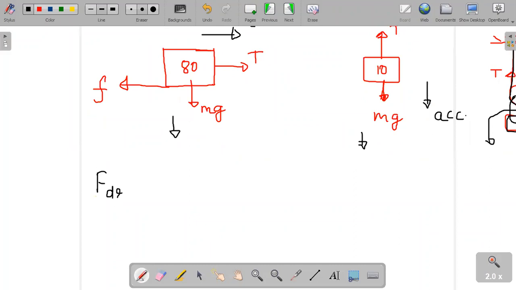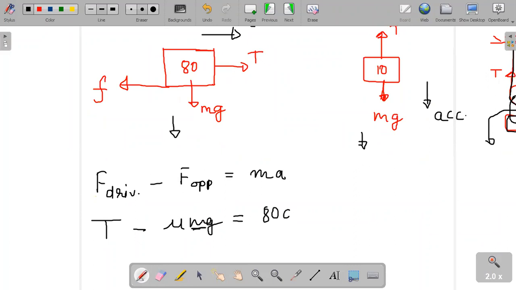Driving force minus opposing force minus frictional force equal to mass into acceleration. So what is the driving force here? T, tension, minus. What is the opposing force here? Mu into mg. M क्या है? 80 kg. Equal to 80 into A, acceleration.